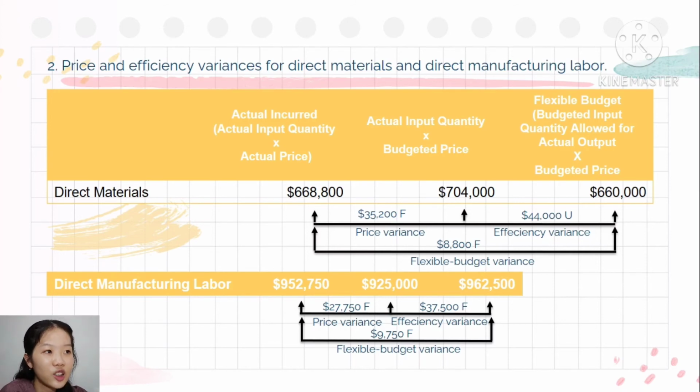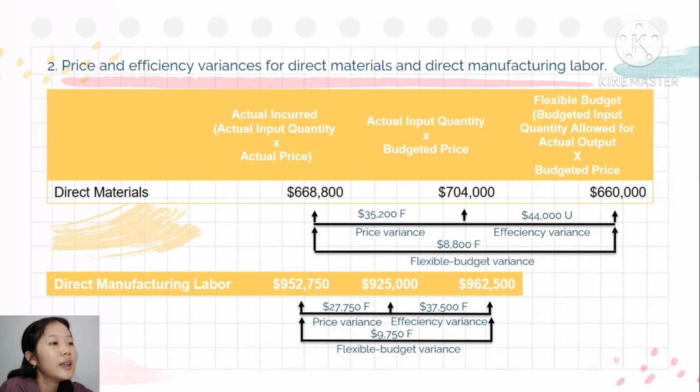And the actual incurred in the direct manufacturing labor can be known by calculating 18,500 hours times $51.50 per hour. The result is $952,750.